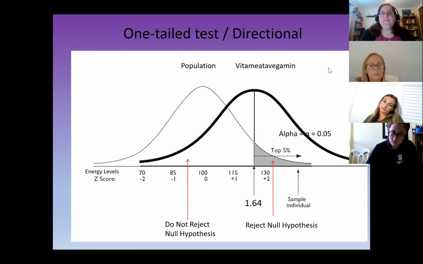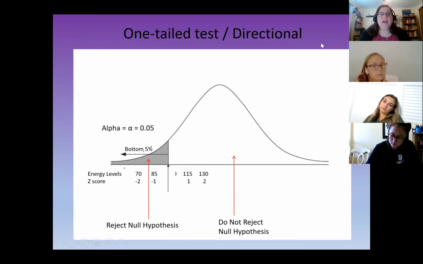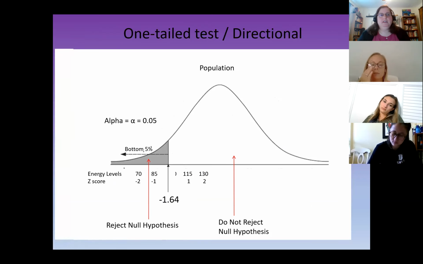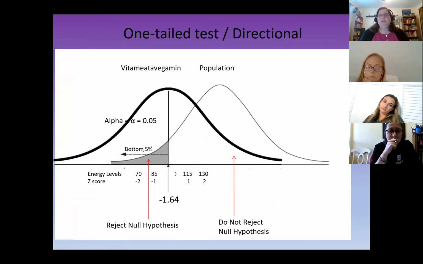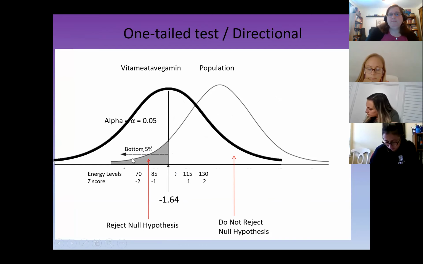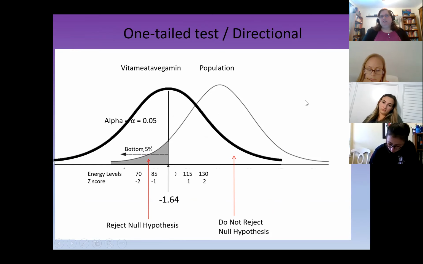Then we'd want to look at it this way. All we're doing is looking at the opposite side of the curve. Now, if we're down here in the bottom 5%, we're going to reject the null. And if we're anywhere else, we're not going to reject.